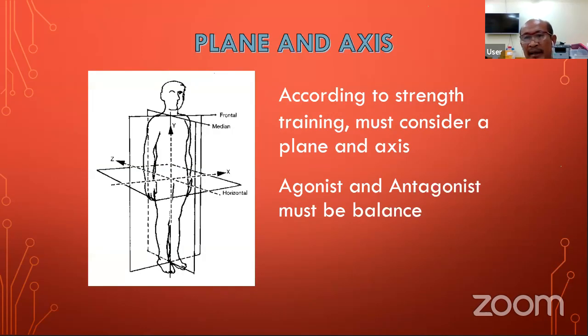And what happens? The gluteus will be off and cannot work properly. Then you have to use more hamstring, and your athlete gets a hamstring pull, because the muscles are not trained properly in front and in the back. That is one example. Agonist and antagonist must be balanced in your strength training program.